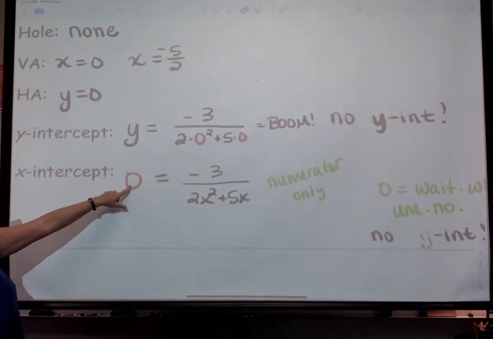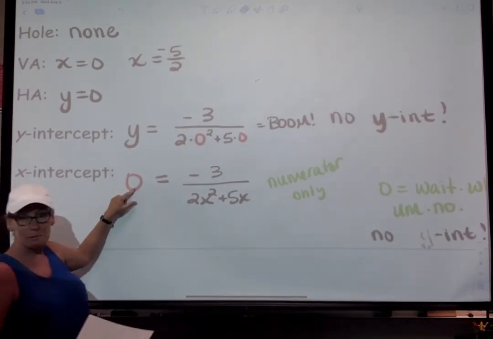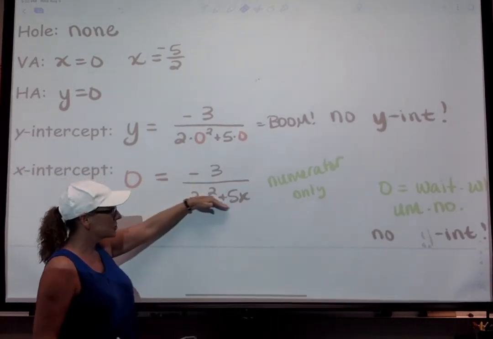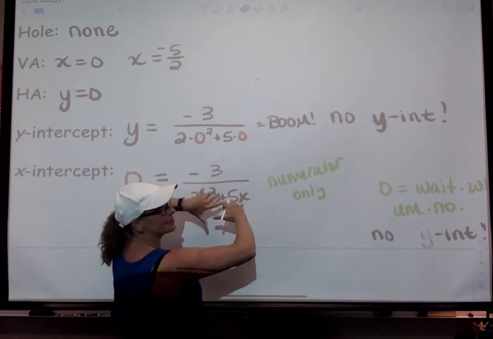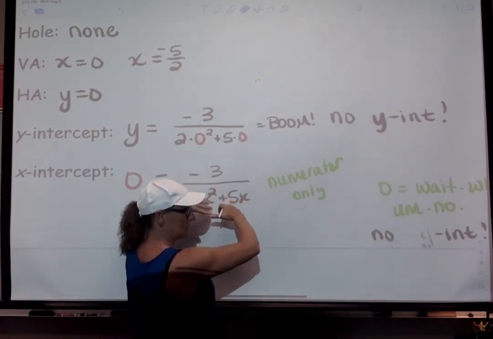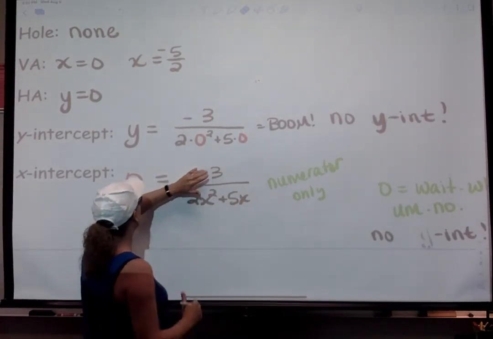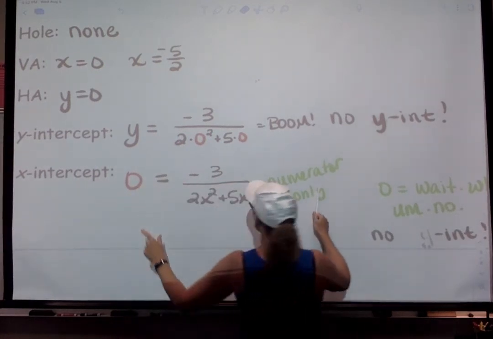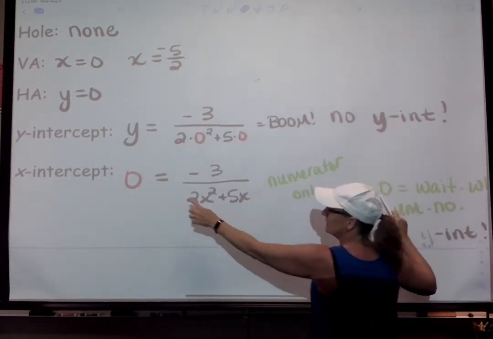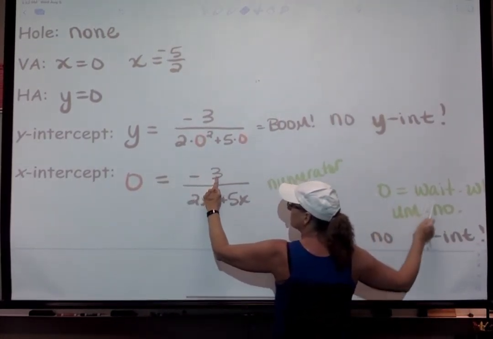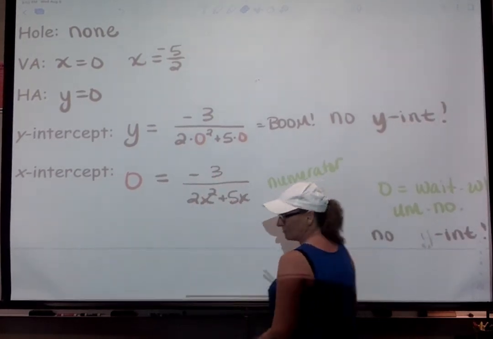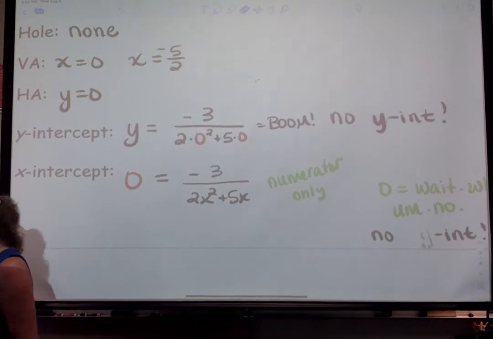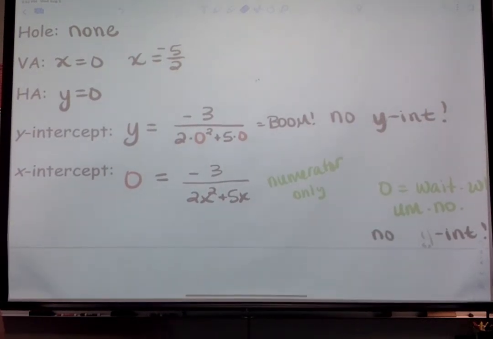So what happens when you plug 0 in for y? How do you make a fraction 0? Well, you certainly don't want your denominator to be 0. You want your numerator to be 0, okay? So here we go. Let's just focus on the numerator. Let's write 0 equals... No. 0 can't equal negative 3.